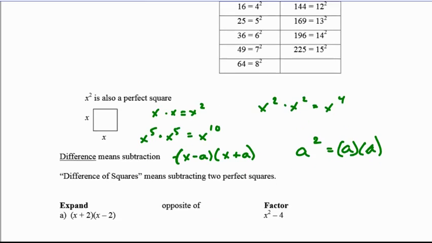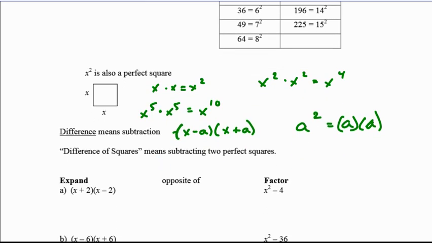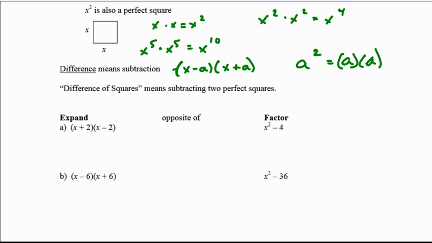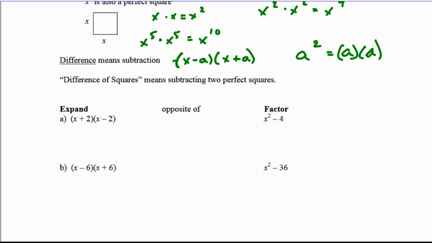So the difference of squares means subtracting two perfect squares. So, now that we know how to expand using FOIL, we can do this. All right, so we'll take our first example here.